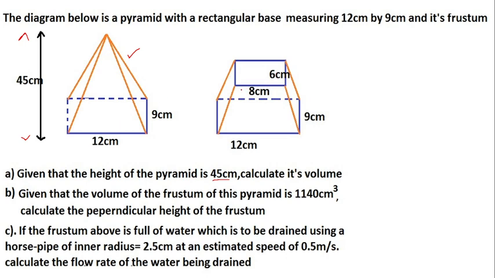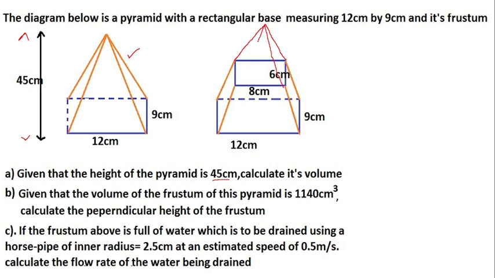Now before we go any further, I want you to remember that this frustum we have, assume it was complete, since it is just part of the pyramid, it has to be completed like that.